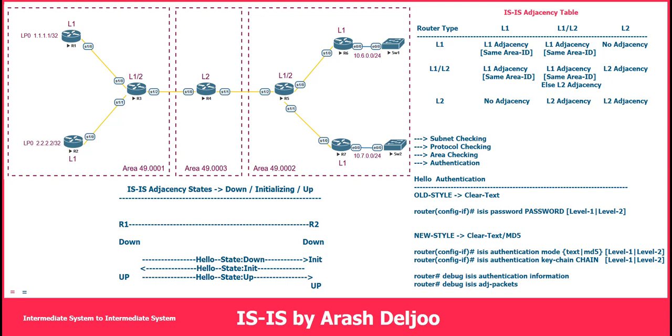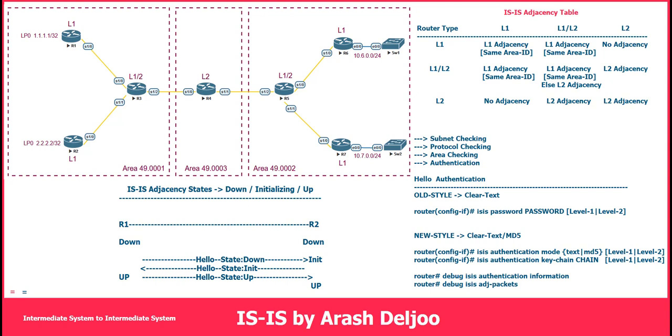Why? Because for establishing and also for maintaining neighborship, ISIS uses only the hello message. Because of that, in this video we will talk only about the hello message of ISIS. But in future videos, you will learn about the other messages of ISIS and their functions.